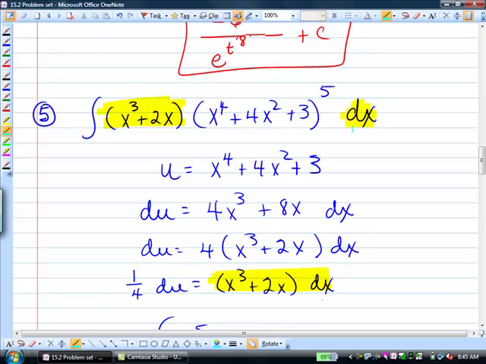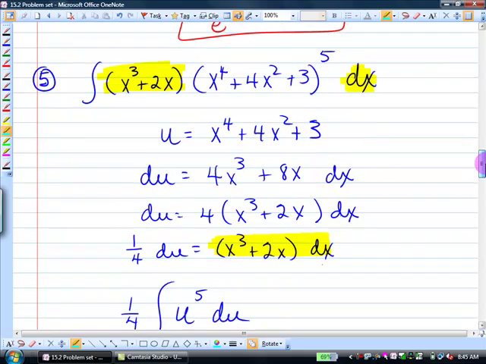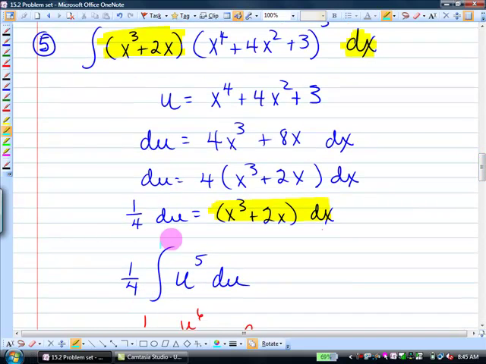What happens to the 1/4? Where does it go? The outside of the integral when you rewrite the problem. So you have 1/4 the integral of u to the 5th du. Okay. What's the integral of u to the 5th? U to the 6th over 6.